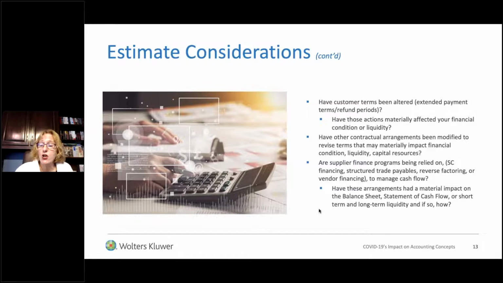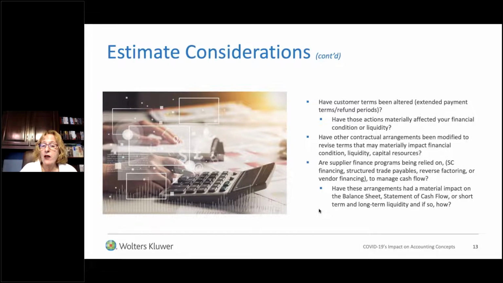If you're a big construction company and you have joint venture partners that you have contractual arrangements with, have those been modified? And if so, have the terms been revised? Maybe they're not paying you every month, maybe they're paying you partial payments. Well, that's going to all impact your ability to make proper cash flow estimates.